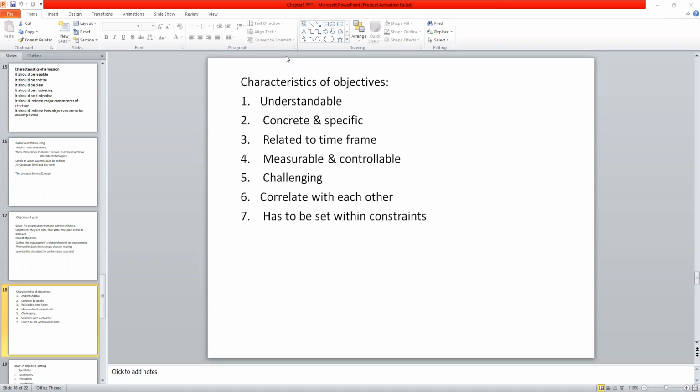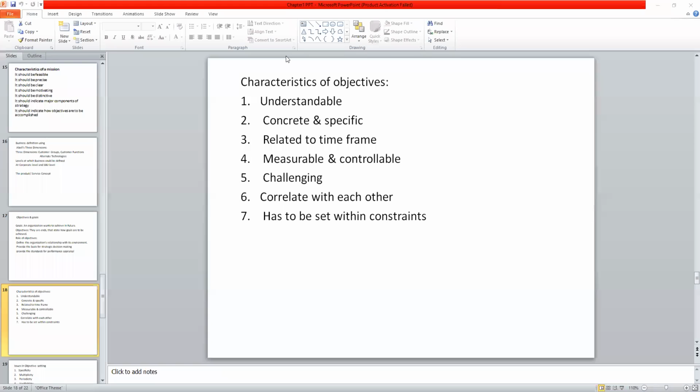Hence it becomes very difficult to convince and tell the employees every time. So, it is better if the time frame is included in the objectives, so that it would be better for the employees to commit that much time and effort towards achieving the particular objective.